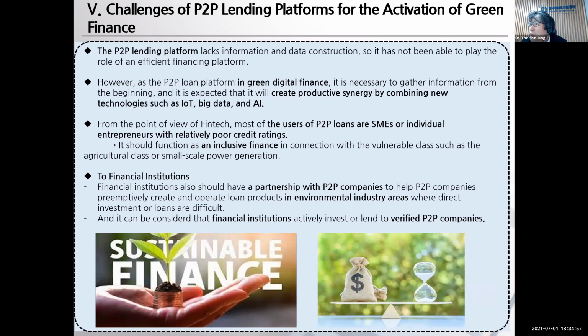From the perspective of traditional banks or financial institutions, the credit rating of this class is pretty low, so they will not supply the funding. The database is pretty small. So I think through P2P lending, the important thing is that we can accumulate that kind of data.